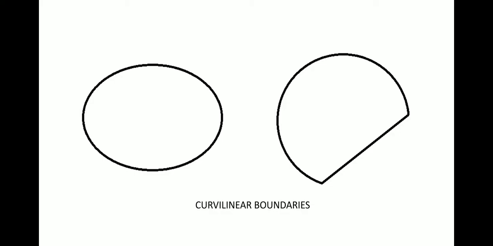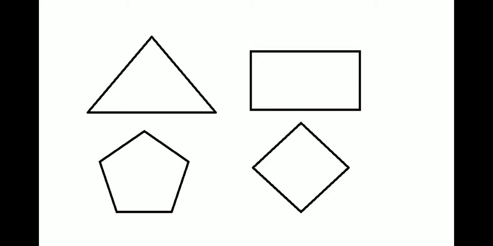And the figures of this type, where all the edges, all the boundaries are made up of lines, are said to have linear boundaries. So we have curvilinear boundaries and linear boundaries.